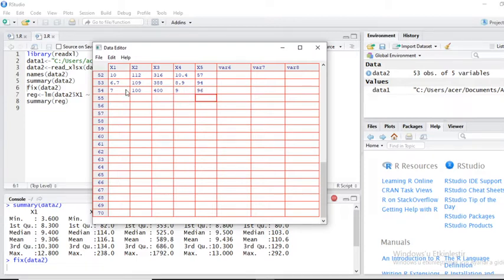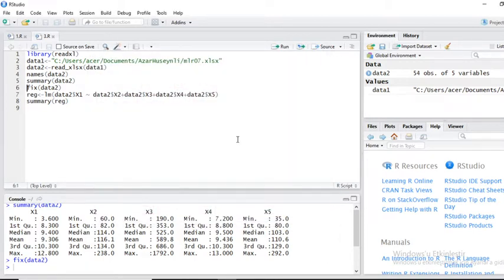So we have added a row to the data set. It's possible, and we quit this. It is not going to change a lot in the regression because it's only one data point.